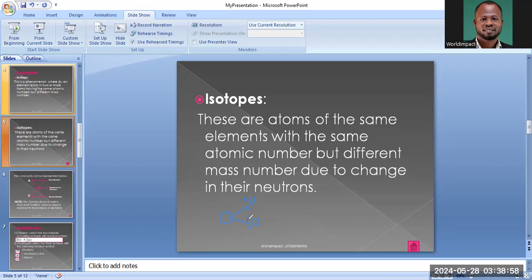So now, the process whereby this particular thing is existing in these two or more forms, we call it isotopy. Now, the fragments in which it is existing, the atoms, are what are called isotopes.